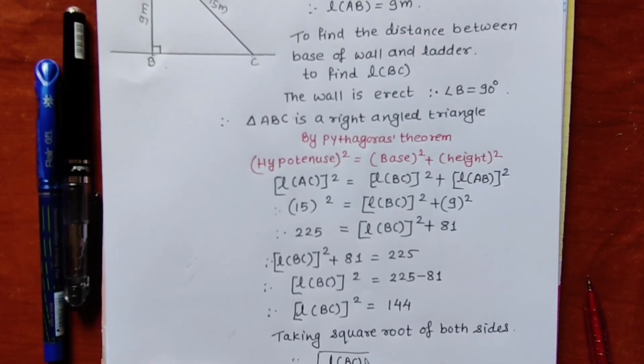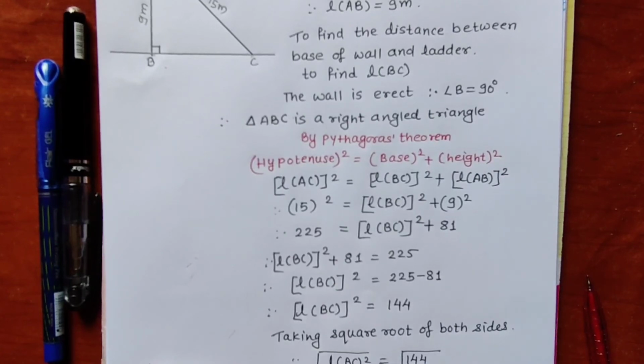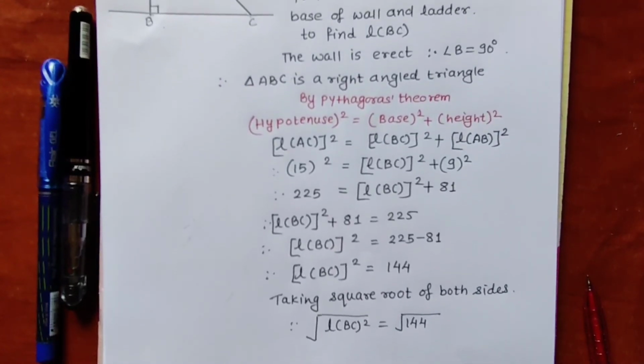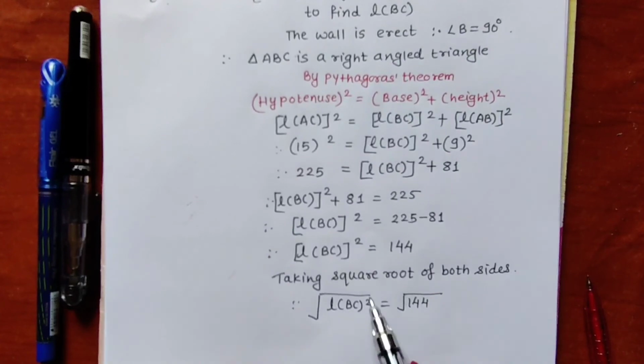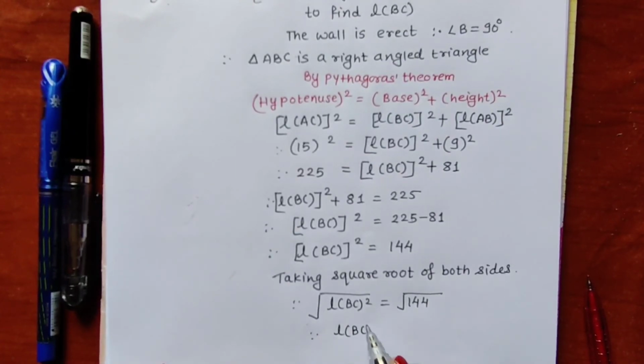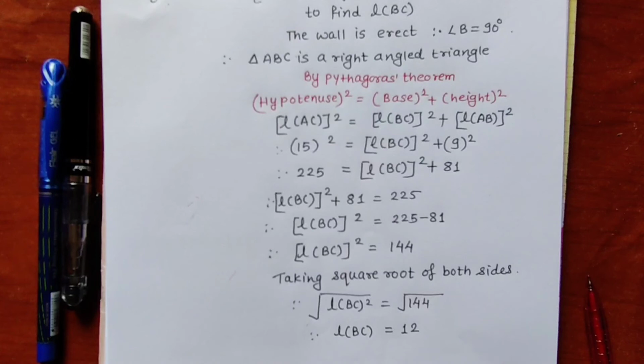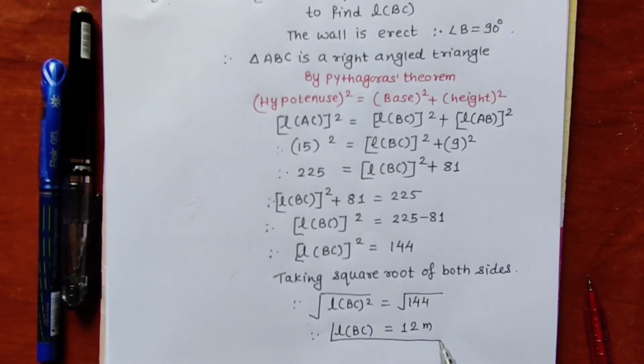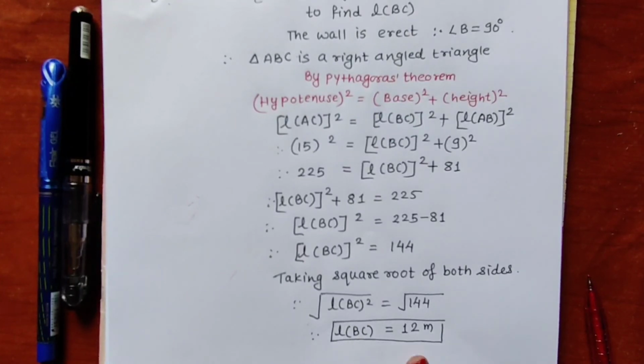Length BC square is equal to square root of 144. Then square and square root cancel each other. We will be getting only length BC, and the square root of 144 is 12. So 12 meter. All the units are in meter in this sum, so we should write meter. Length BC we have got is 12 meter.